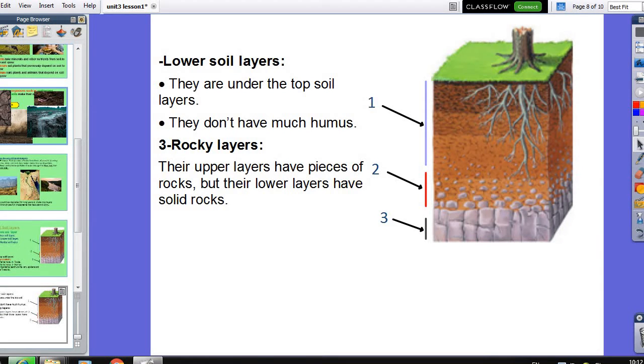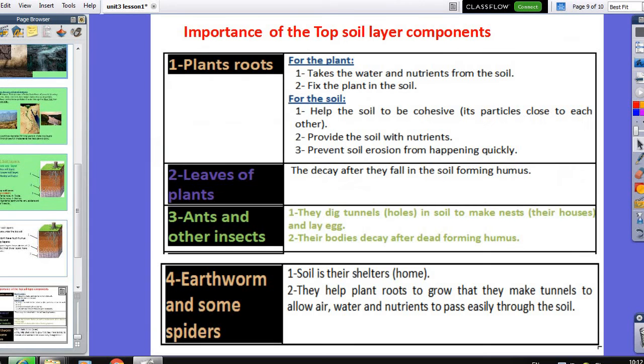The lower soil layer is under the top layer, and it doesn't have much humus. The rocky layer is the last layer, and it contains only rocks.